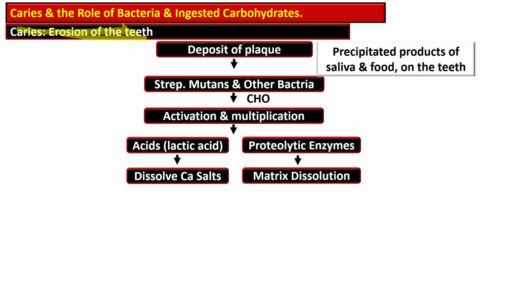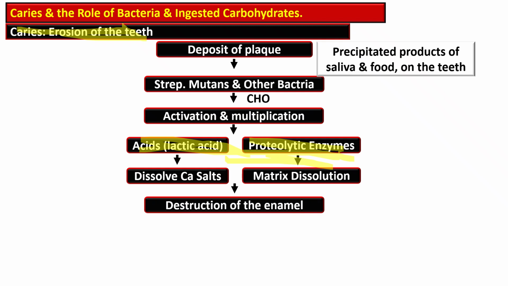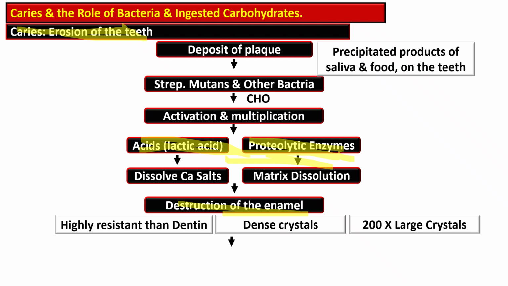As a result, there is production of acids, such as lactic acid, that dissolve calcium salt in teeth, and also production of proteolytic enzymes that digest the organic matrix of the teeth, and as a result there is destruction of the enamel of the tooth.